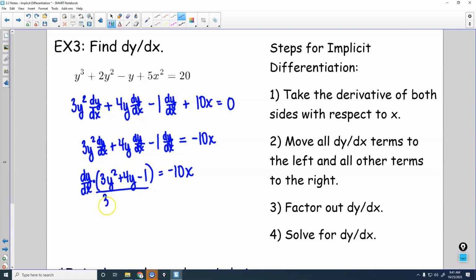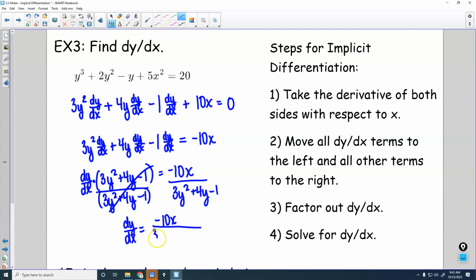So I'm going to divide by 3y squared plus 4y minus 1. Here, and those cancel. So I've got dy/dx equals negative 10x over 3y squared plus 4y minus 1.